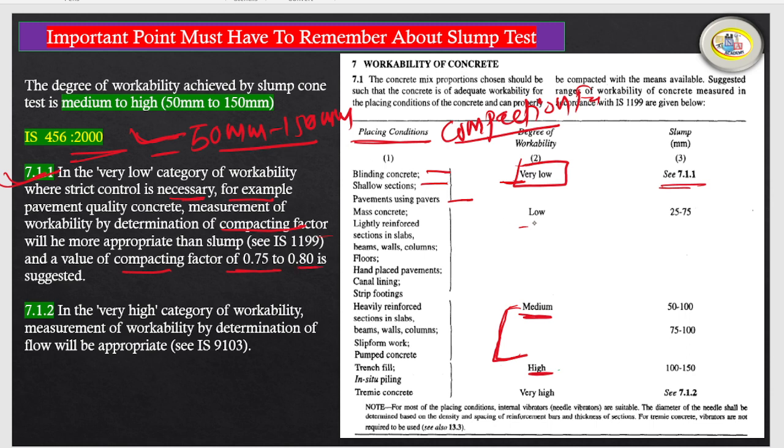Now next, for low, what value is specified? 25 to 75. Understand this one. Again, for medium, the value specified is 50 to 100. This is a range. For heavily reinforced sections of slab, column, beam and wall, this is 50 to 100. Again, for slip form work, this is 75 to 100.